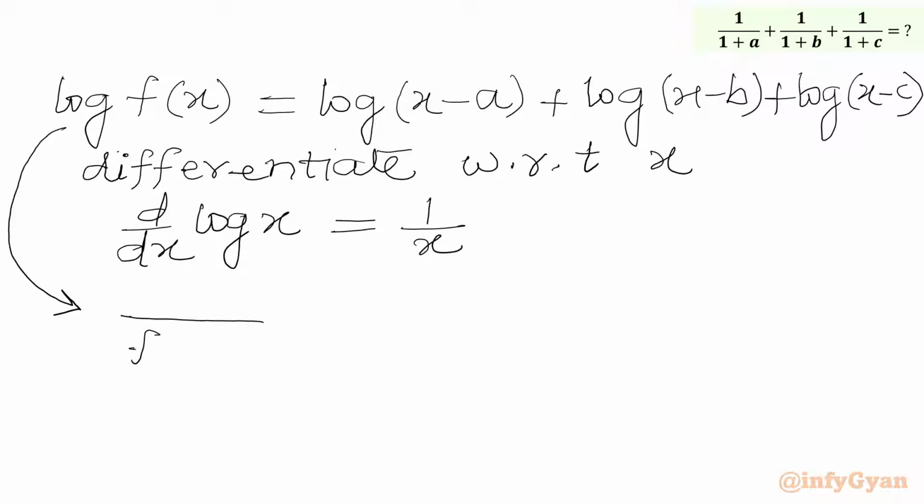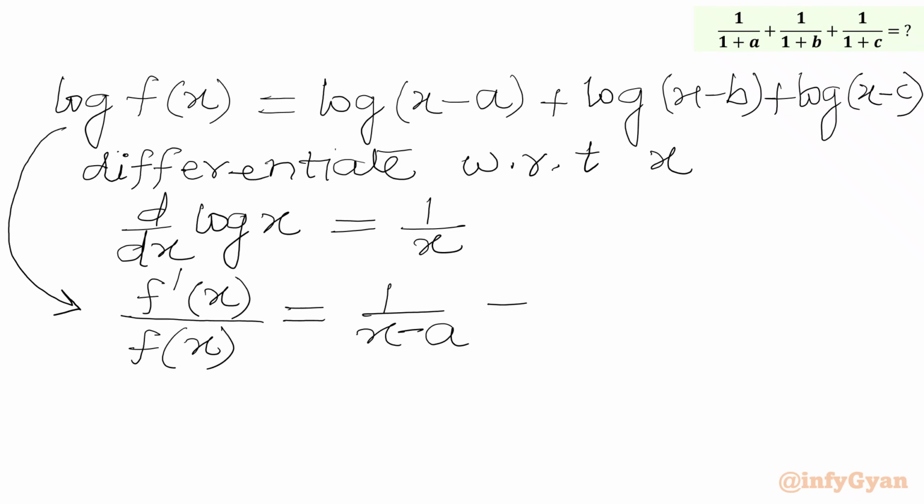We will write f of x in the denominator. Now the derivative of f(x) we will write here f dash x. In the right hand side we will write 1 over x minus a plus 1 over x minus b plus derivative of log x minus c will be 1 over x minus c.